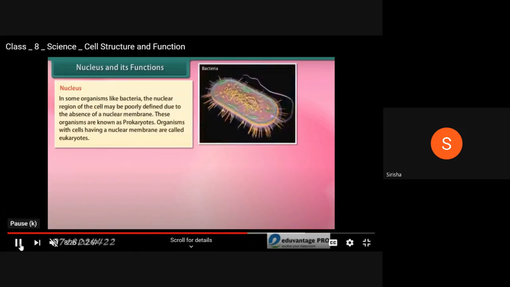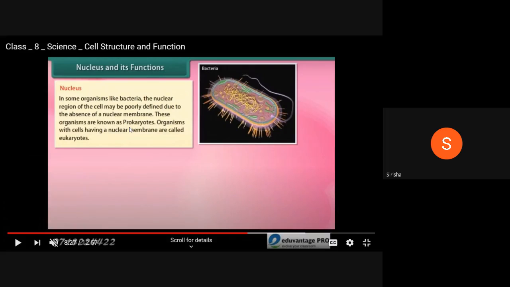In some organisms like bacteria, this is a bacillus bacterium, a rod-shaped bacterium, it looks like a rod. The nuclear region of a cell may be poorly defined due to the absence of a nuclear membrane. There is no nuclear membrane. These organisms are called prokaryotes.